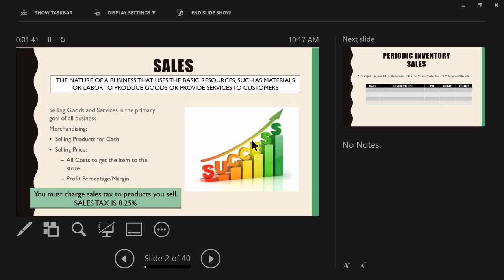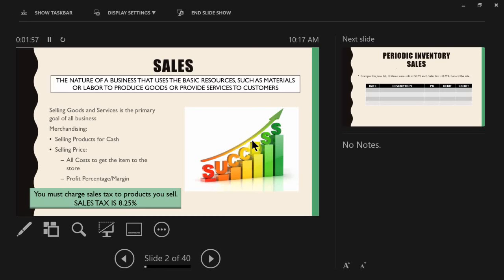So for example, let's say I want to make a 40% profit. I need to calculate how much 40% of that is going to be, so then I can figure out what kind of price points I would want to sell my product at.